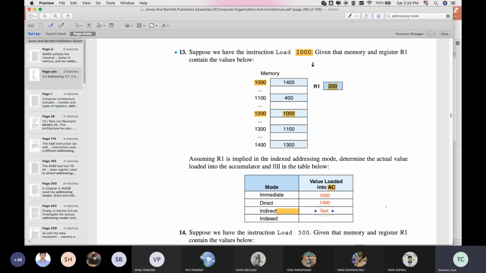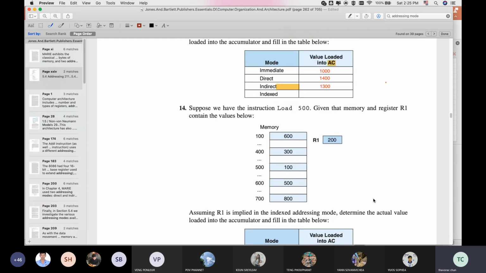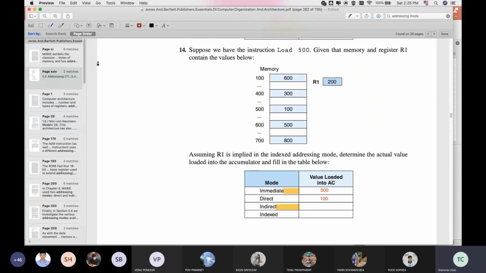So to get the value, you need to find the effective address first. 1,000 contains the value 1,400, which means that 1,400 is the effective address. And then you need to get the real value by going to the address 1,400 and you get the value here. So the answer is 1,300.